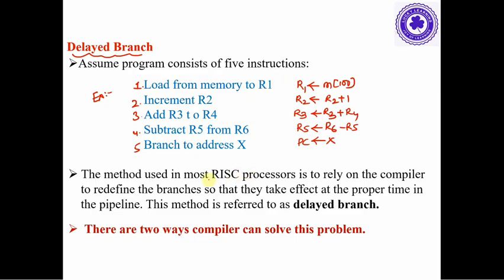Now the method used in the RISC processor is to rely on the compiler to redefine the branches so that they take effect at the proper time in the pipeline. This method is referred to as delayed branch. For delaying the branches, there are two ways the compiler can solve this: one is by inserting no operation instructions, and another is by reordering the program instructions.